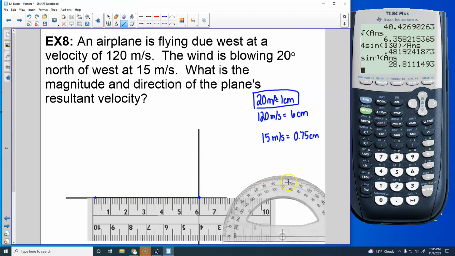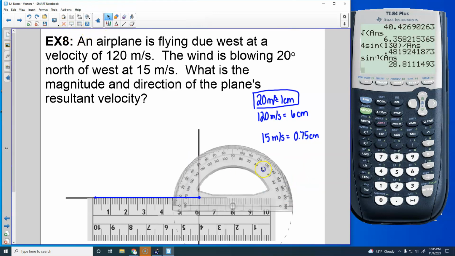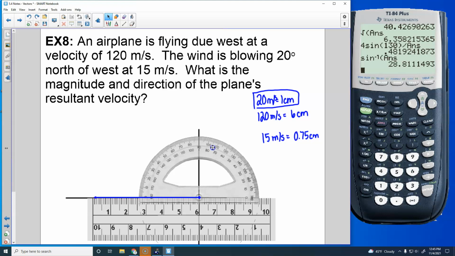Then to do our angle, we want to go 20 degrees north of west. So if I take my protractor and I line it up right here, I want to go to the north side of west. West is my main direction. I'm going to the north 20.